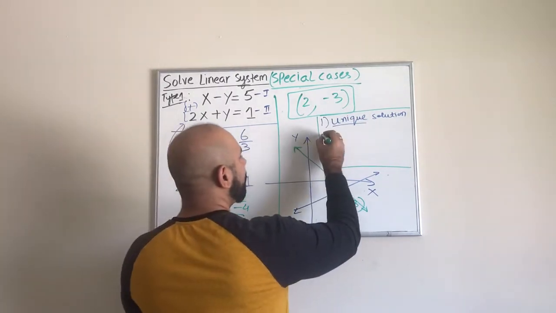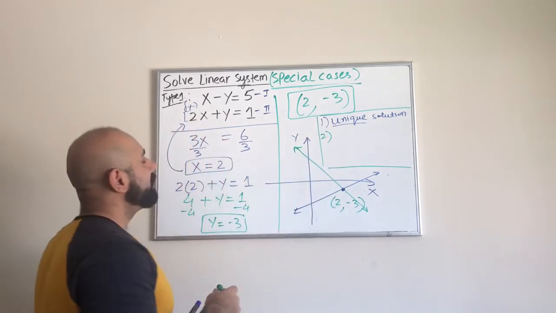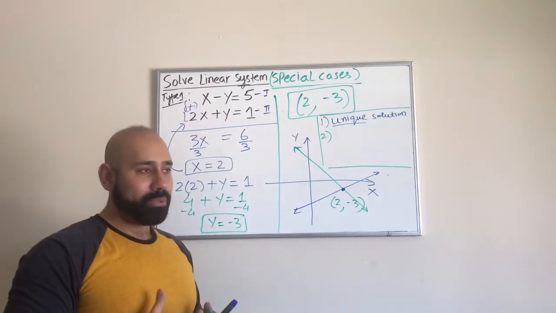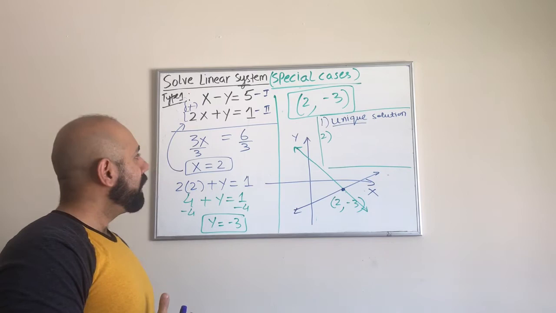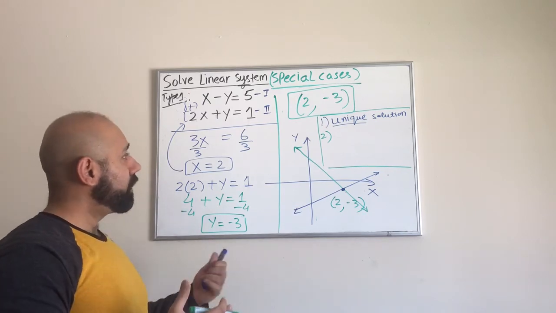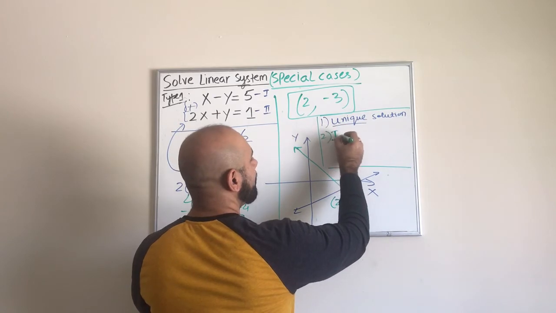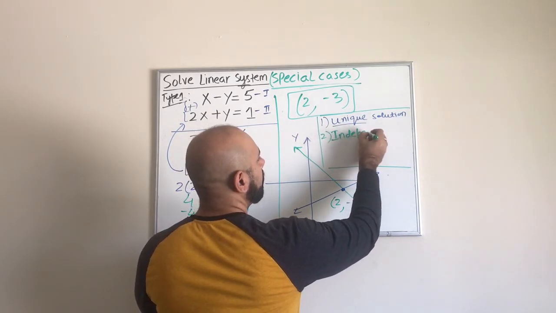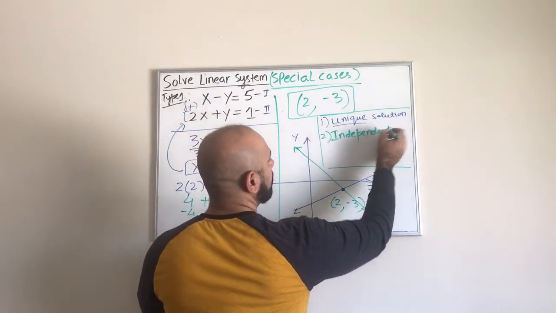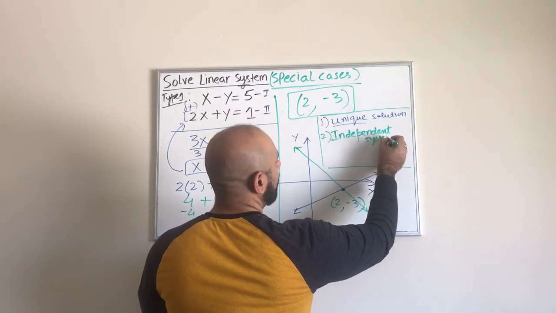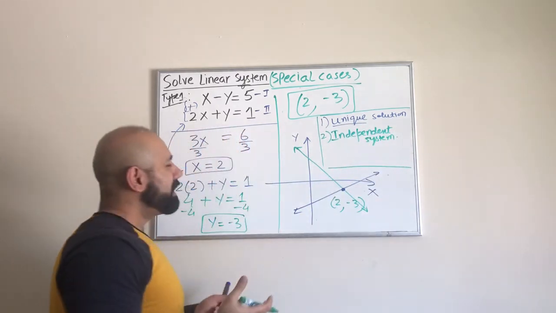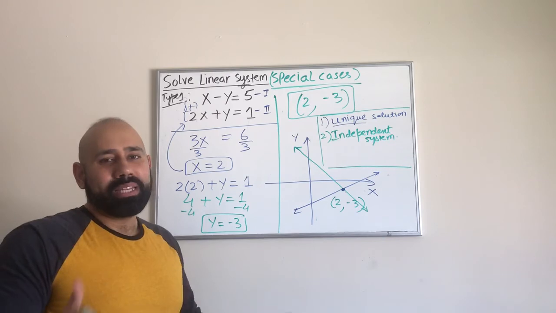The second way of actually writing or thinking about this that you will see in the textbooks and other places where you see the system of equations is called an independent system, which here means that the two lines are independent of each other.